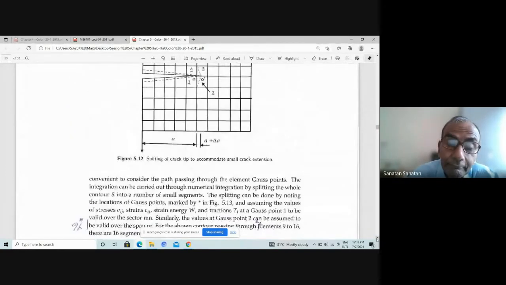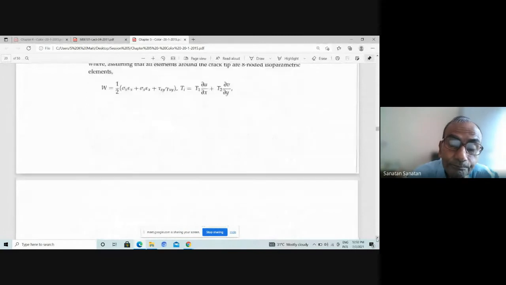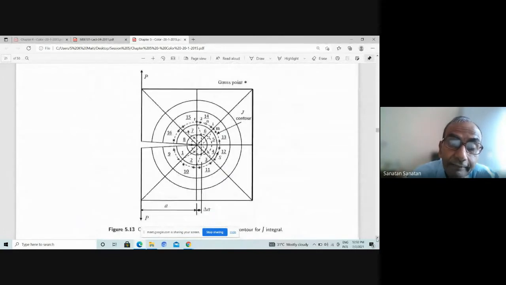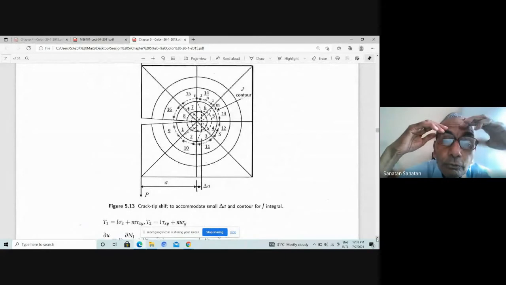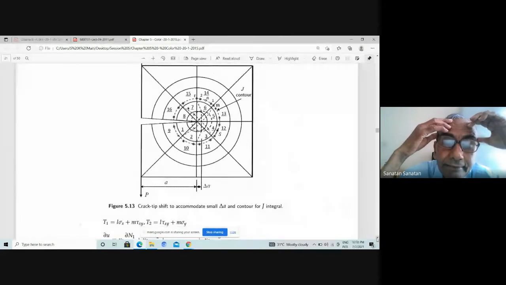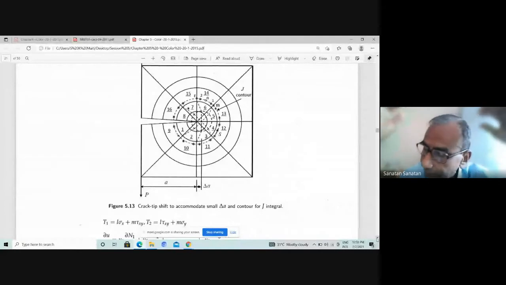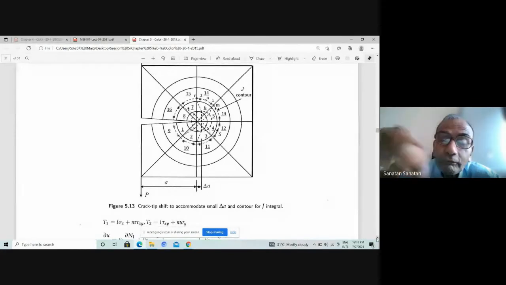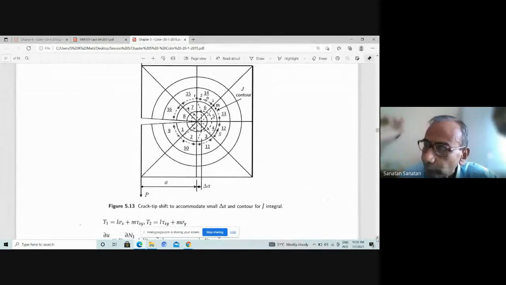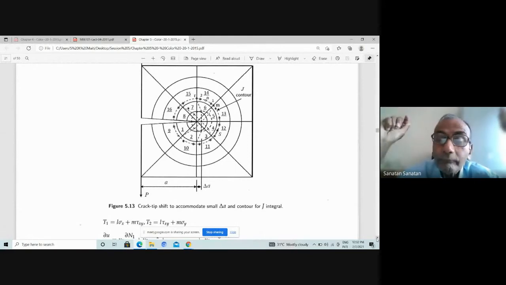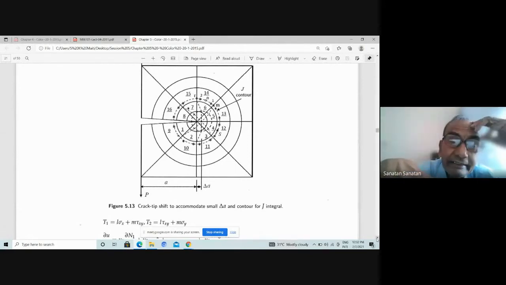So let's get back to this. You see here this contour, which is passing through element numbers 9, 10, 11, 12, 13, 14, 15, 16. Those elements are surrounding the crack tip, and for each of these elements we have more accurate values of the stresses and strains at the Gauss points of the element.